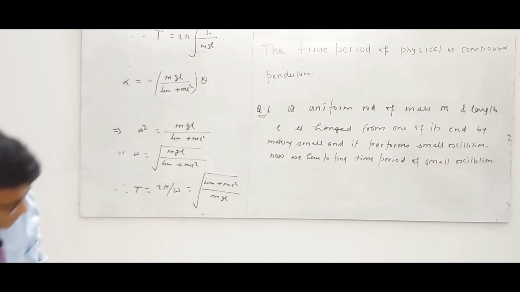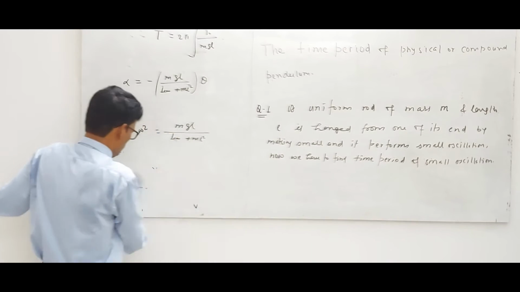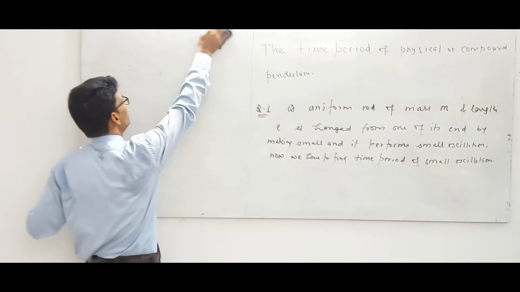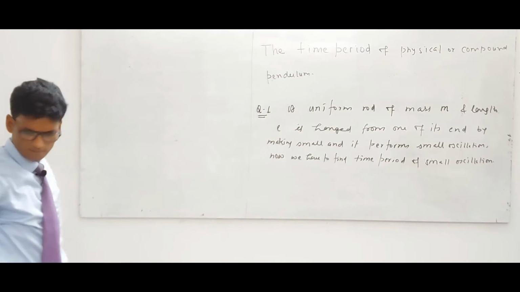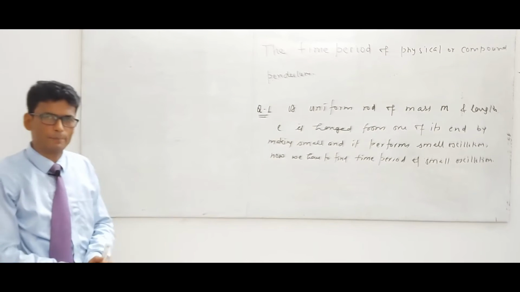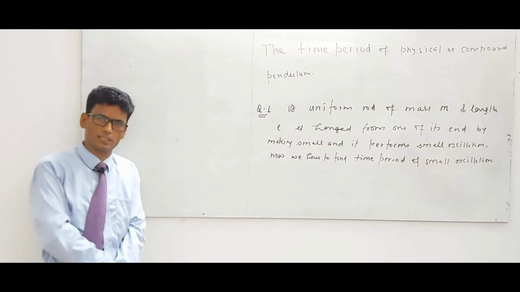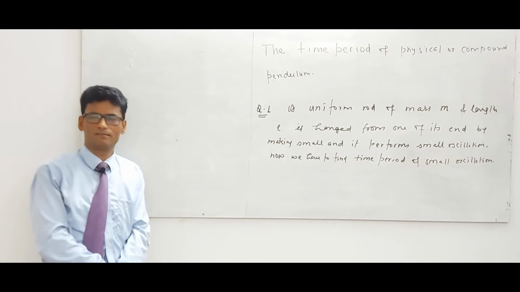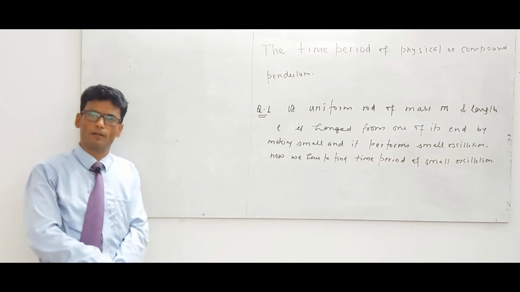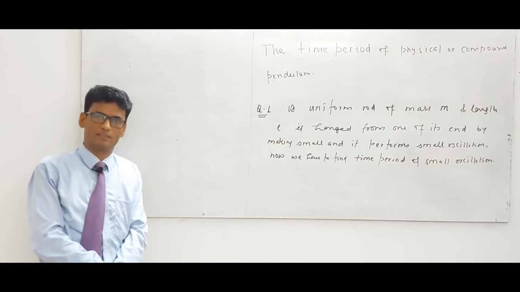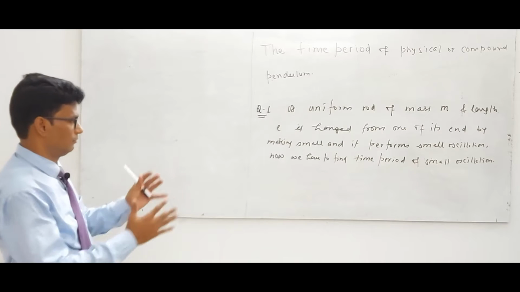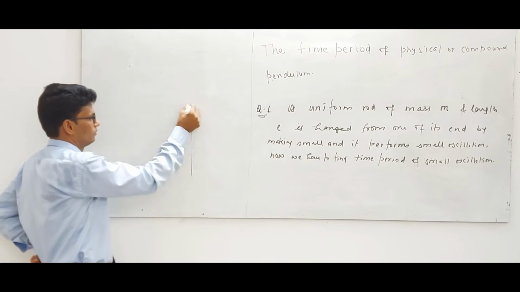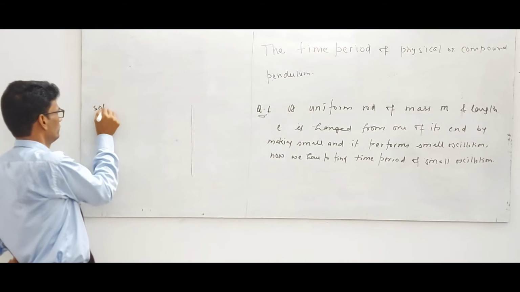So look at here. I have told you in many places that firstly we have to depict the physical situation. So depiction is essential to do the problem easily. So we make a rod here. Solution of this problem.